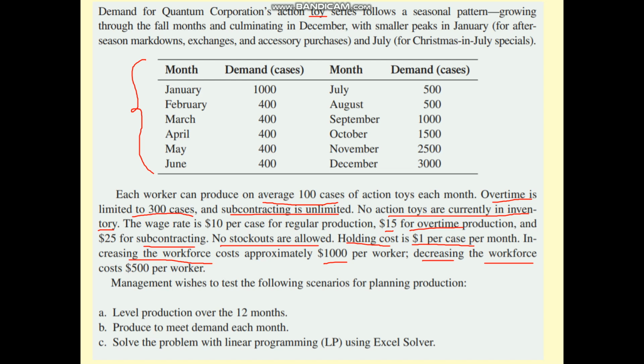The first strategy is the level production strategy. The second one is to produce to meet the demand each month, which means you use the chase demand strategy. And the last one, you solve the problem with linear programming using the Excel Solver.